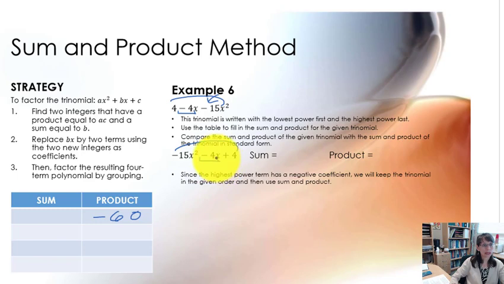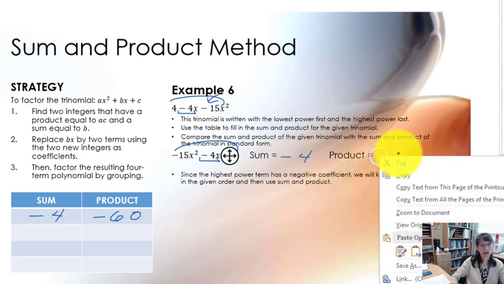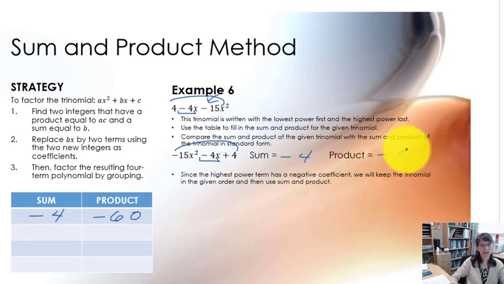Notice it is still negative 4 when it's written from highest to lowest power. So we know the sum is negative 4 and the product is negative 60, no matter which order we have, lowest to highest power or highest to lowest power. So a sum of negative 4 and a product of negative 60, everything still works.